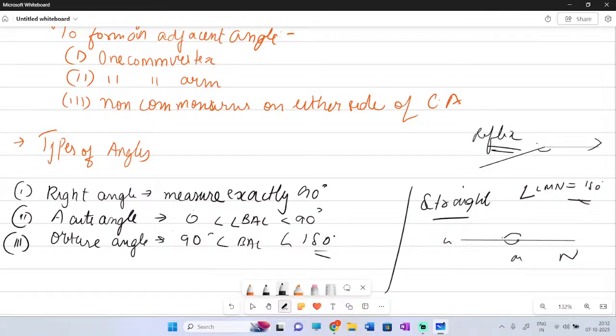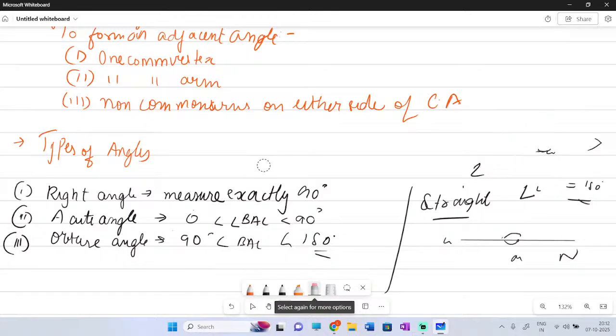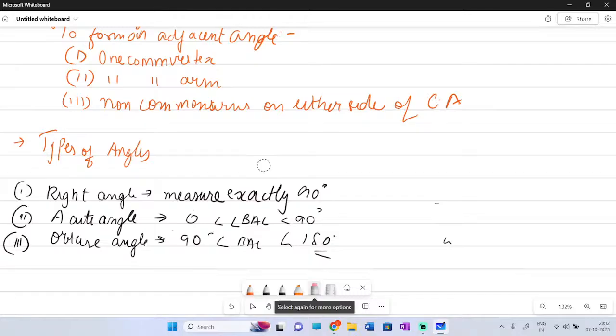Here one angle forms, here one angle forms, anywhere. So you draw like this, and this should be more than 180 degrees, but not more than 360 degrees. Very important.